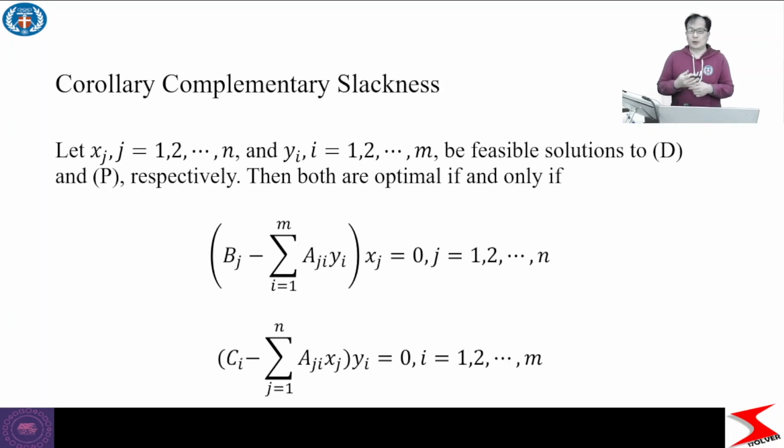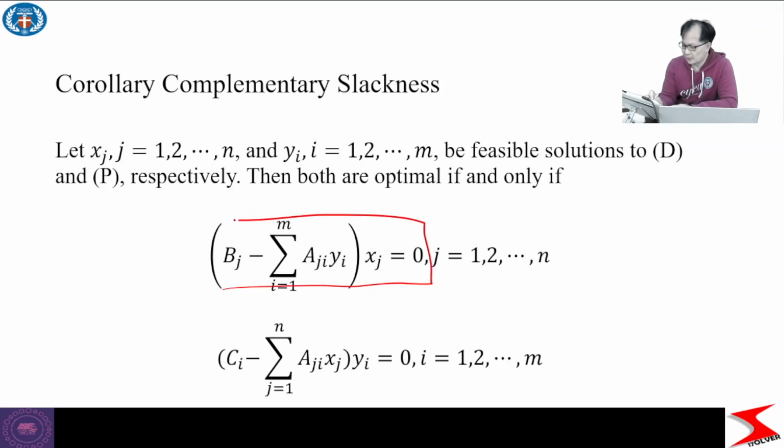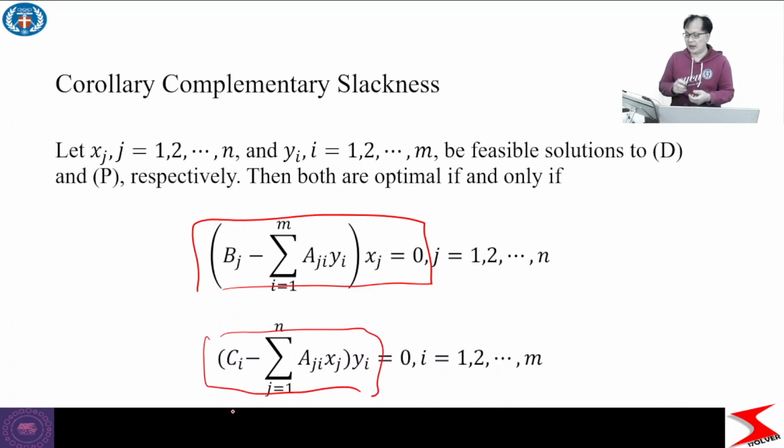When we prove the duality theorem, we use two relationships. One is Bj minus the summation of Aij yi times xj equal to 0, and the other is Ci minus Aij xj times yi equal to 0.